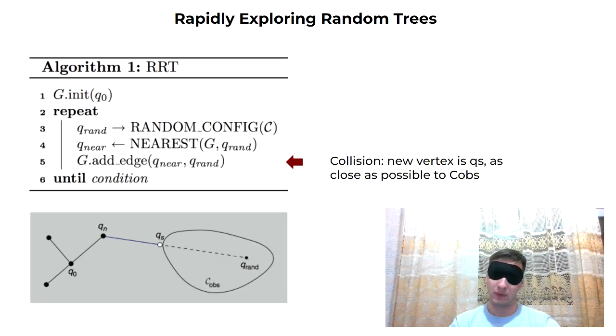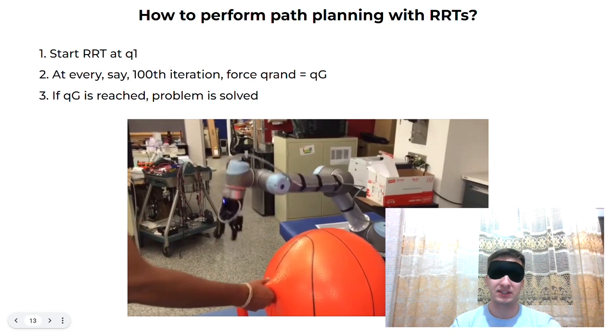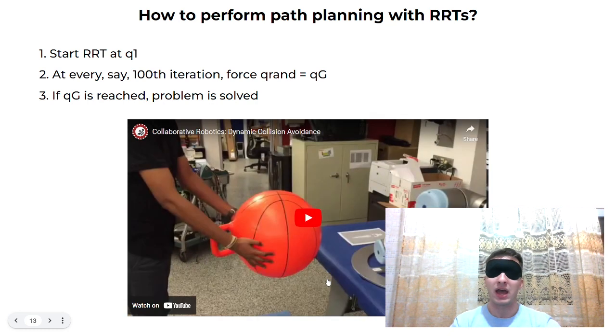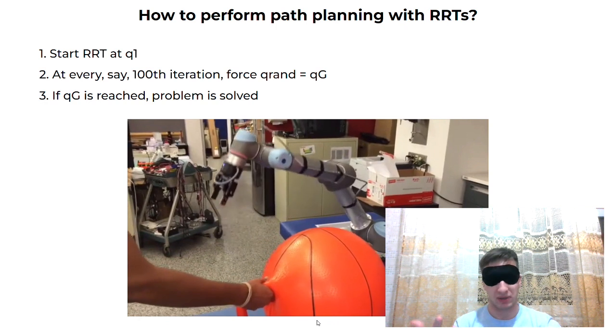However, if there is a collision, we select the furthest intermediate point without collisions. This explains the core principle of the RRT algorithm, and we repeat these actions many times, creating a map.